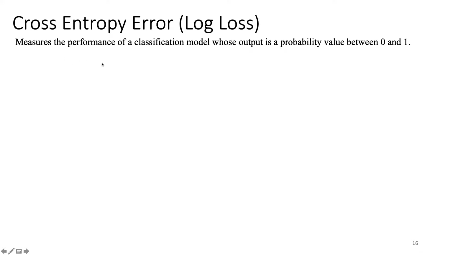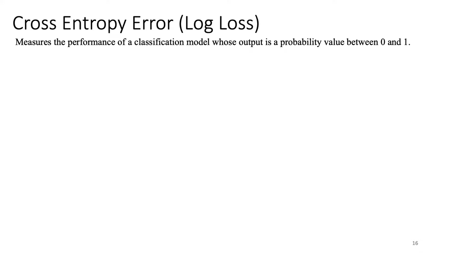It is a measure of the performance of a classification model whose output is a probability between 0 and 1. In general, entropy is a measure of uncertainty when we are dealing with random variables.